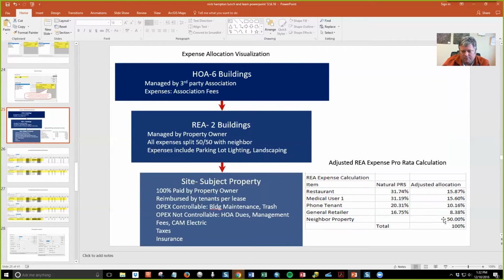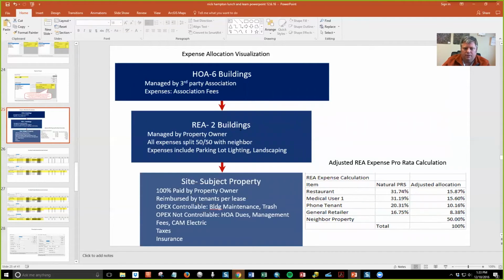So the neighbor property, you've got them allocated here 50%, according to the reciprocal easement agreement. And the rest of these tenants need to make up the balance of that other 50% so that we can get to 100. So basically what I did, since it is 50-50, you can mathematically cut this in half to achieve your adjusted allocation.